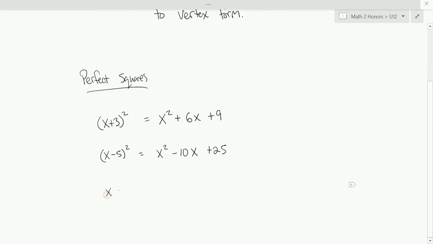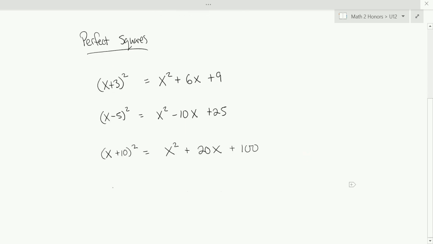Let's say x plus 10 squared. x squared plus what? 20x plus 100.